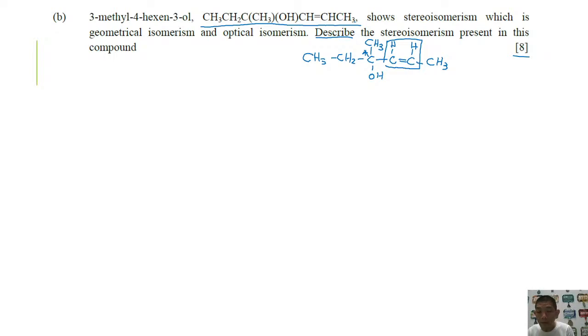Okay. Like I mentioned just now, if possible you define and then describe the characteristics. Here it shows you the answer. You must first mention that in geometrical isomerism, a double bond exists. This is for geometrical.